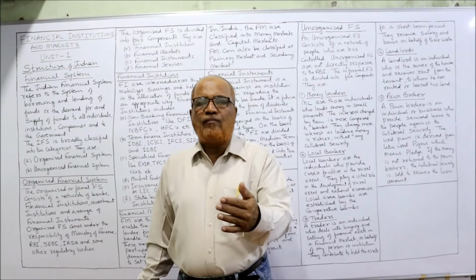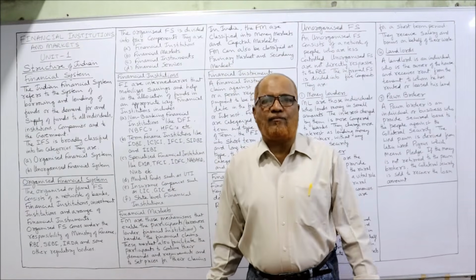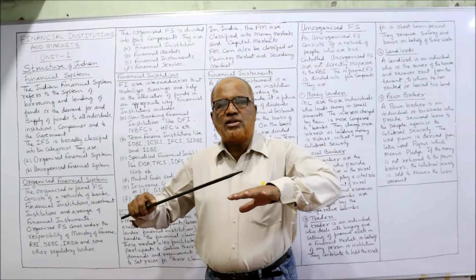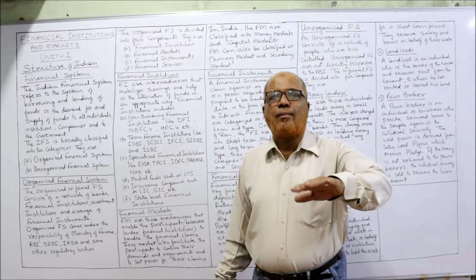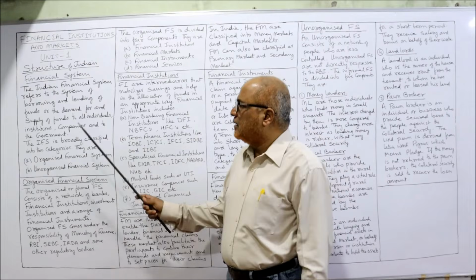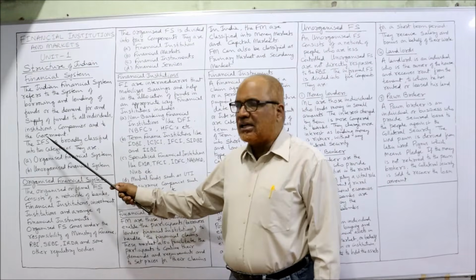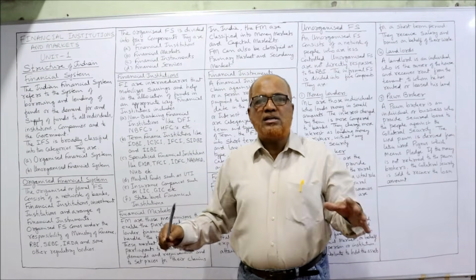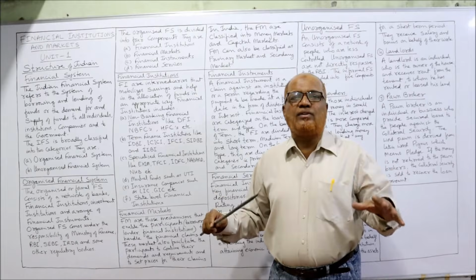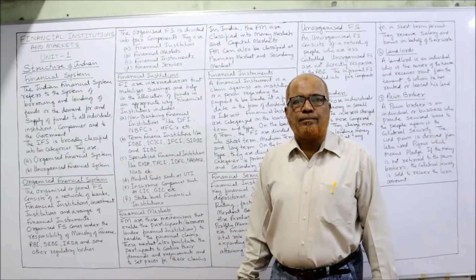There is demand of fund and also there is supply of fund. So Indian financial system is a complete system where the funds are borrowed and lent by all the individuals, institutions, companies and government. All these are the participants of the Indian financial system.